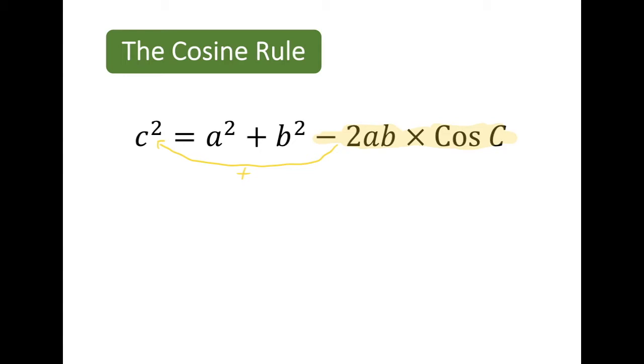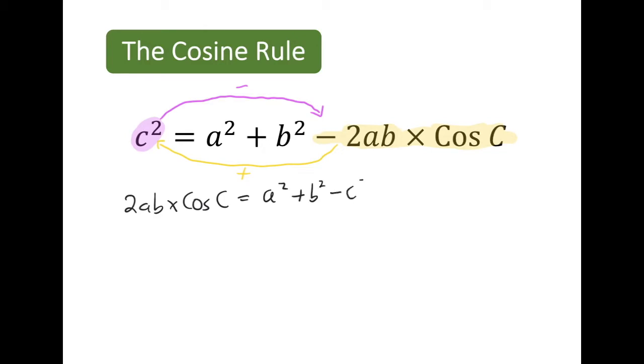Then we take our c squared value and move that over to the other side as well, and this time it is going to become a subtraction. So what we're left with after those two steps is a positive 2ab times cos of C is equal to a squared plus b squared minus c squared.